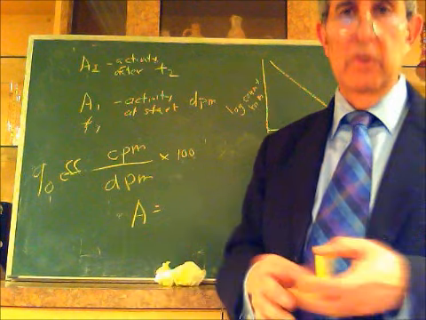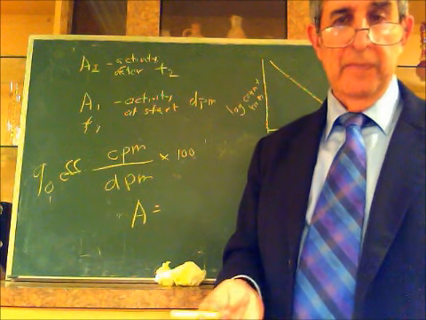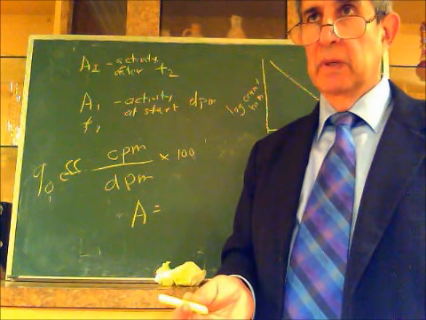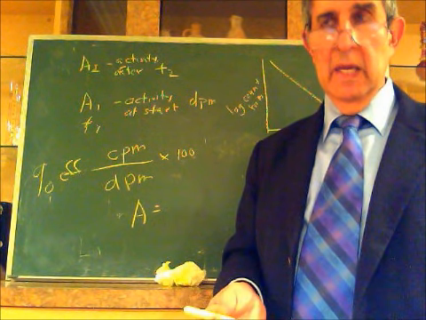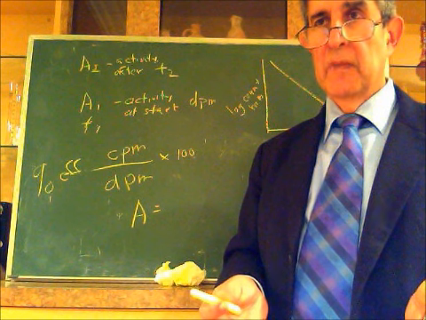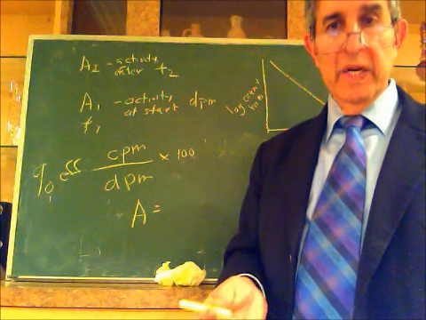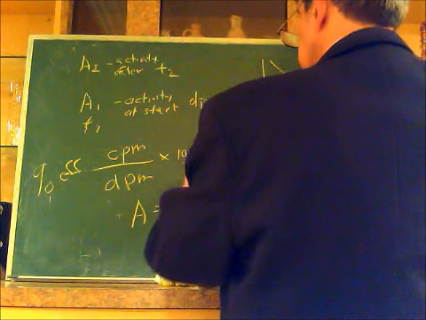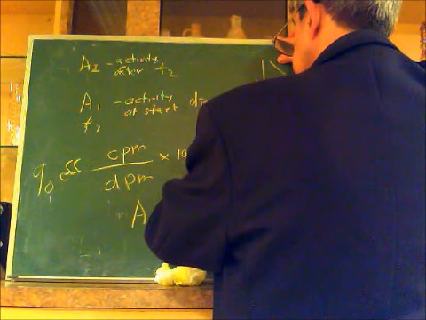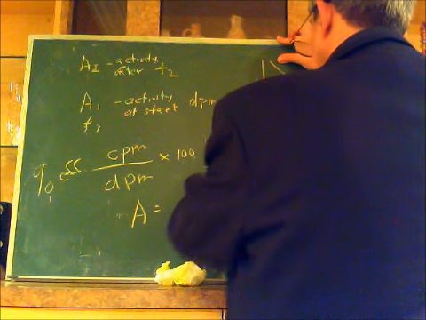As an example, let's say I've got a particular radioisotope and it has a half-life of 1 year, so T1/2 equals 1 year.